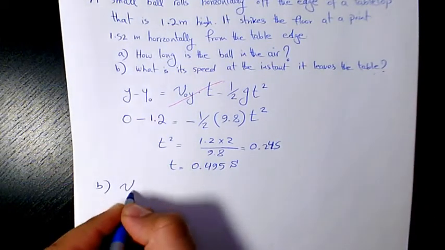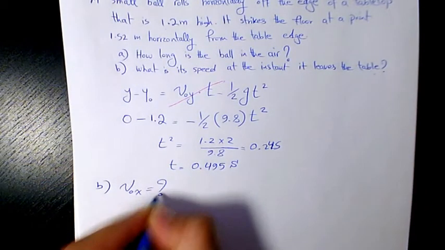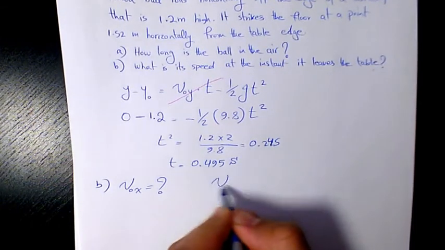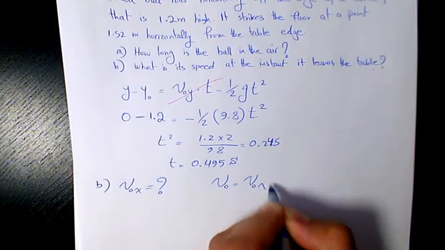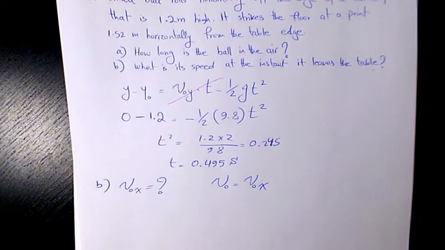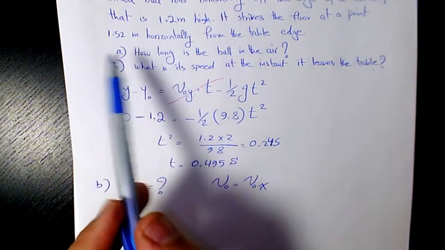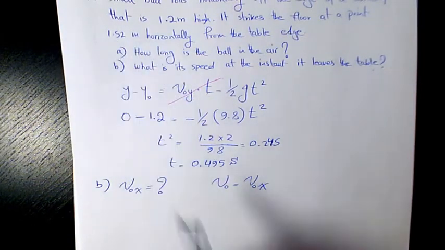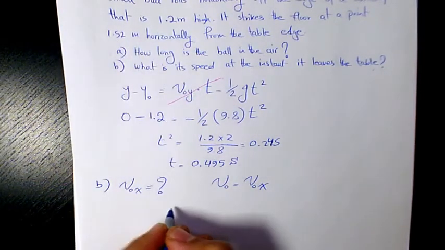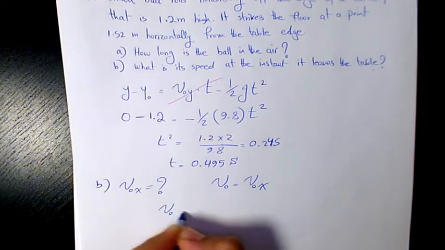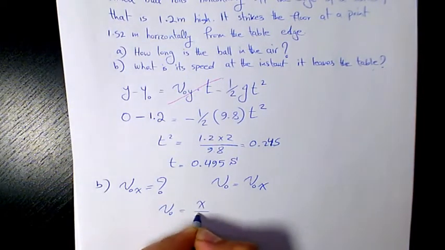It means that we need to find v naught x, because v naught is equal to v naught x in this example, because it was moving horizontally. So since it moved 1.52, we can say v naught equals x divided by t.